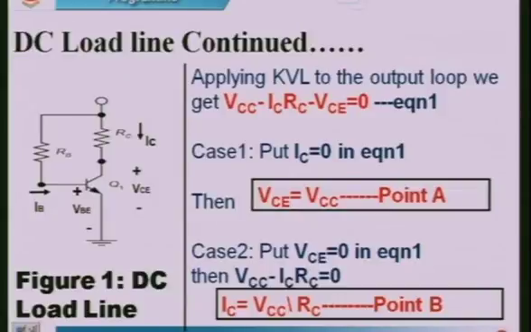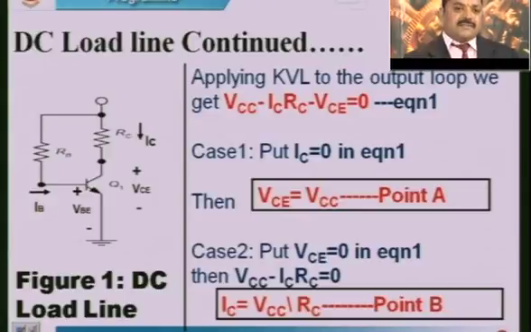Figure 1 consists of transistor Q1 and then RC and then RB. This circuit is called a fixed bias circuit. We will be discussing in detail what fixed biasing is later, maybe in the next session. In this circuit, IC is the output current, VCE is the output voltage. The proper maintenance of IC and VCE is called biasing, BJT biasing.